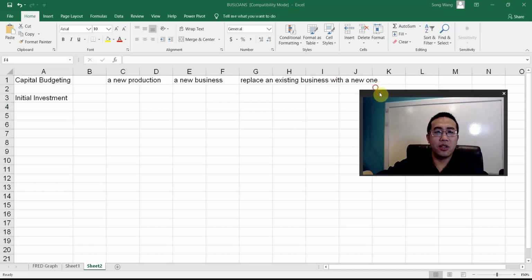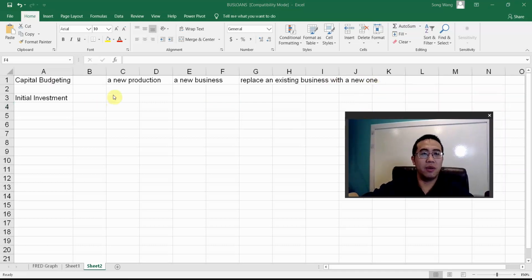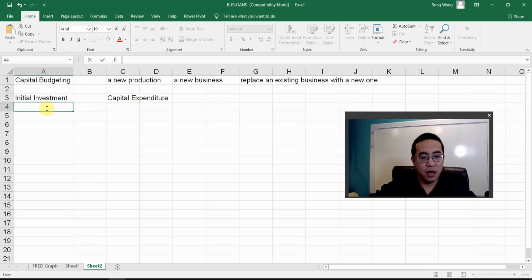All right, so for initial investment, definitely you need to buy the equipment for the new production. You need to buy a building for the new business. So this is also called a capital expenditure. Let's see, our capital expenditure here is $1,000.